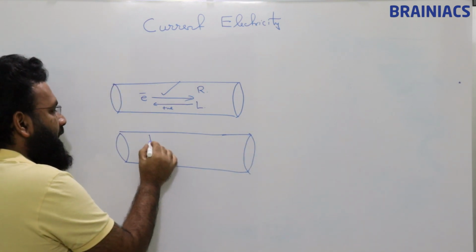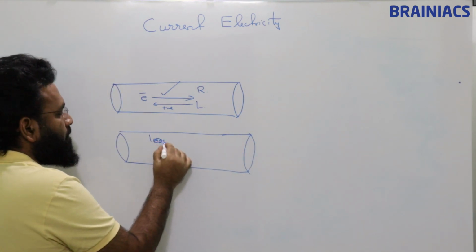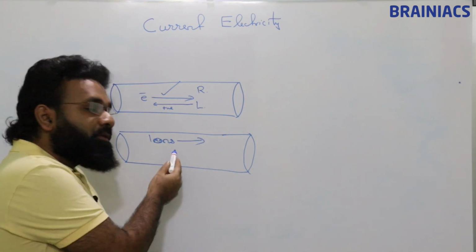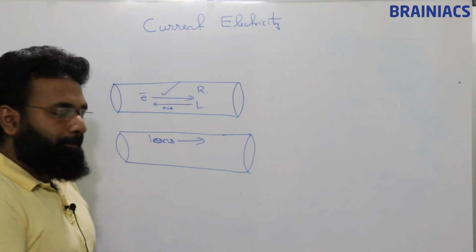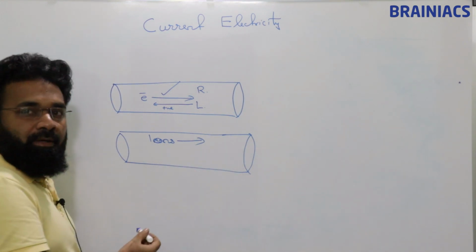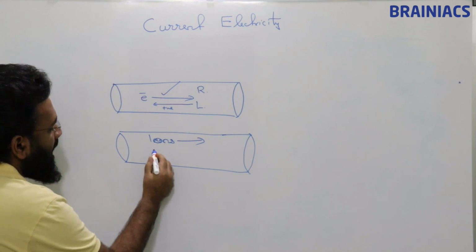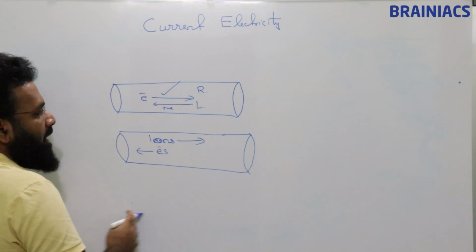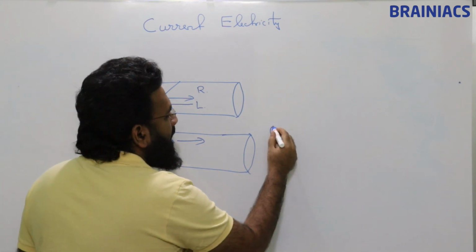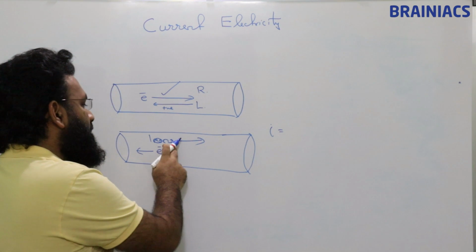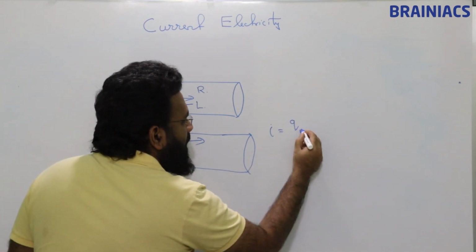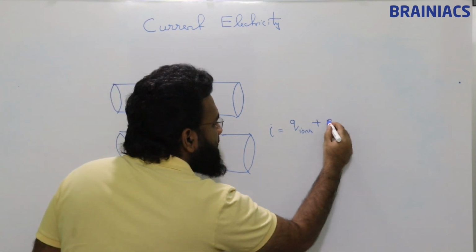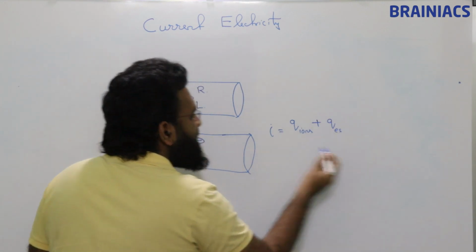suppose there are ions, any positive ions. They are positively charged particles. So if the ions are moving in rightward direction and electrons are moving in the leftward direction, then current is due to the charge due to ions in the rightward direction plus the charge due to electrons in the leftward direction.